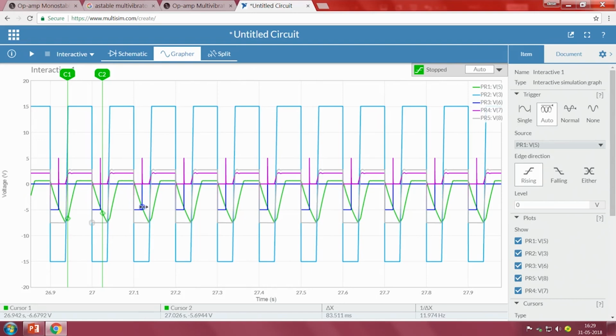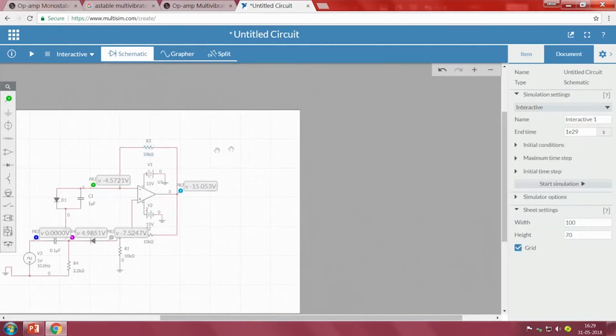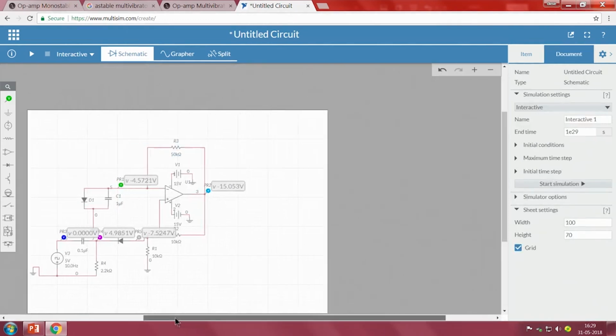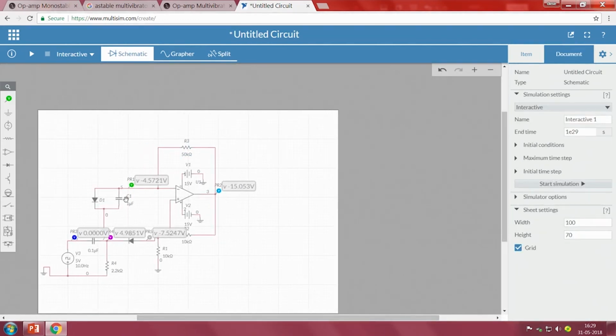Till the next triggering pulse is received, it will always stay in that state, right. So you can change different values of resistance and observe that, or even change the capacitance value, because RC entirely depends upon R and C.